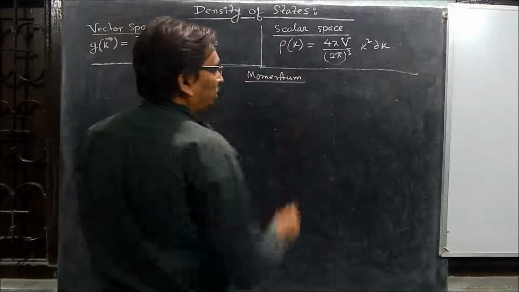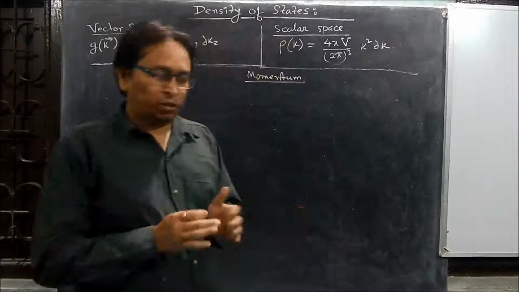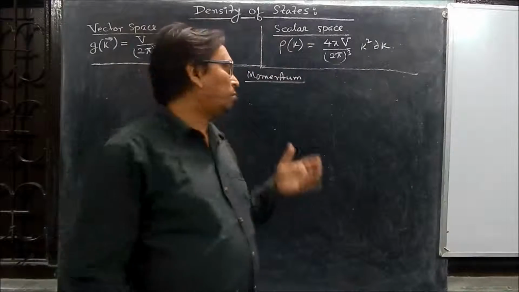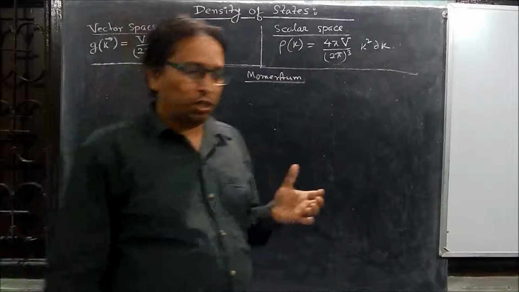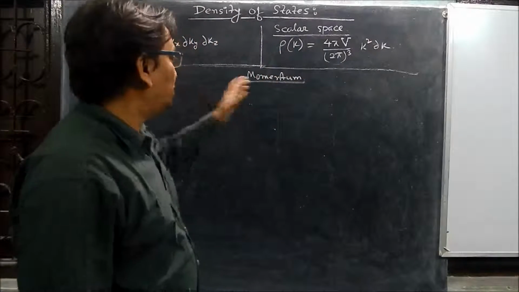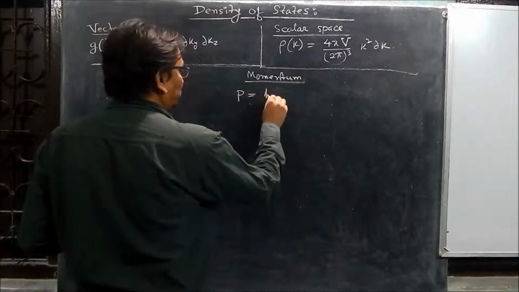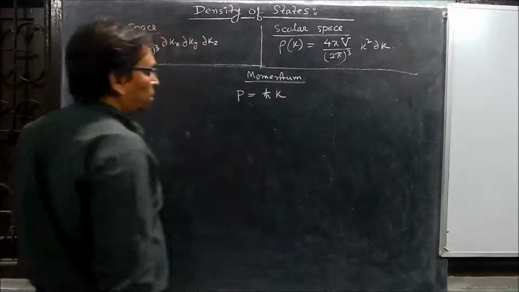Now as we know, momentum has both magnitude and direction. So in case of momentum we will have both the scalar space and also the vector space. Momentum is given by p equal to h bar k.